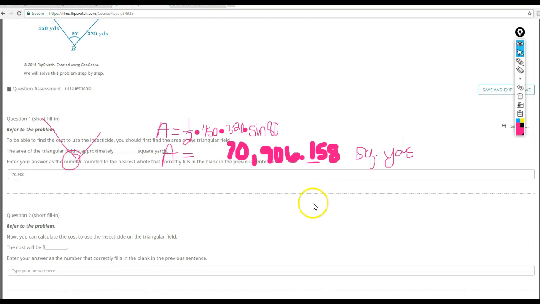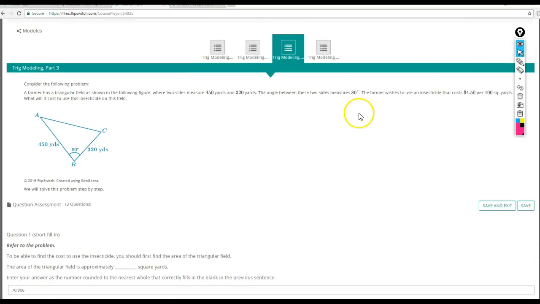Now you can calculate the cost to use the insecticide on the triangular field. The cost will be blank. Alright, we can use our proportions on this. So we were given that it is $4.50 per 100 square yards.